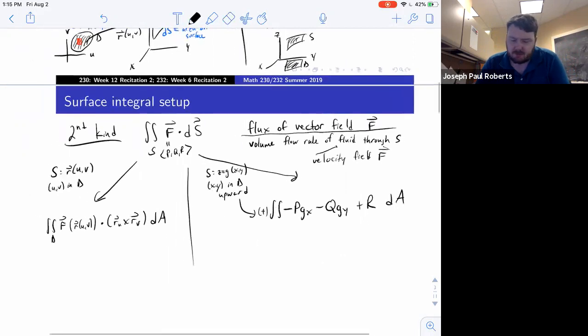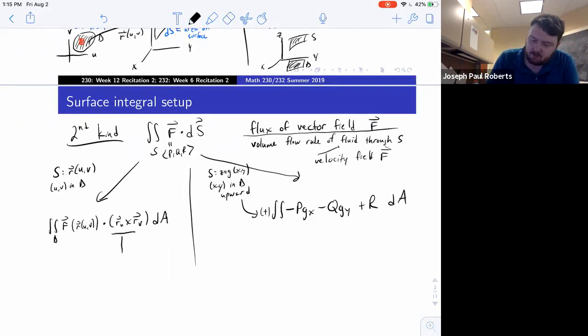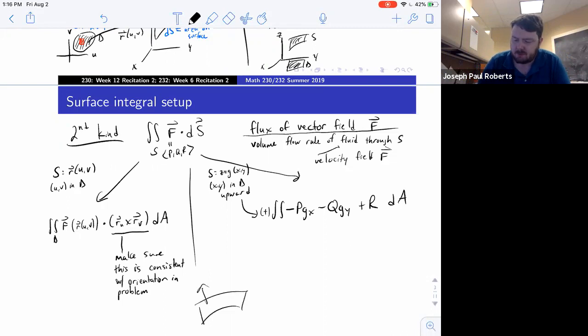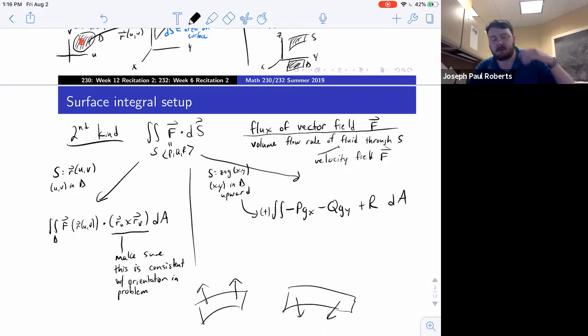As far as orientation goes, if you're using this formula, when you get here, you have to make sure this is consistent with the orientation in the problem. That, remember, the whole idea of this orientation, it's encoded by unit normal vectors at each place. Given a surface, your two choices for unit normals would be just directly perpendicular, length 1, and then that narrows it down to two choices.